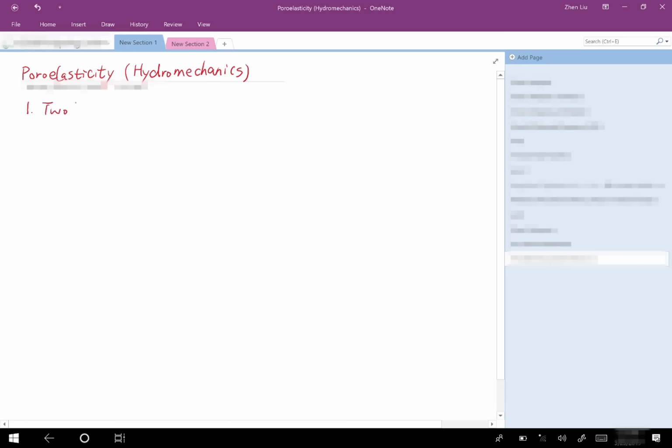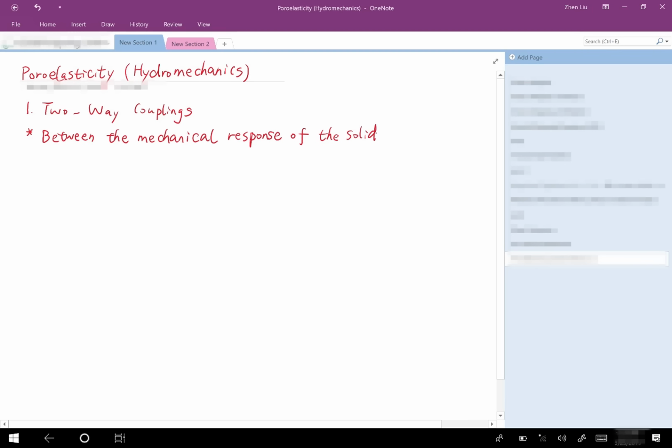so we cannot skip one. Two-way couplings. And here the coupling is between hydro and mechanical. So it's between the mechanical response of the solid.